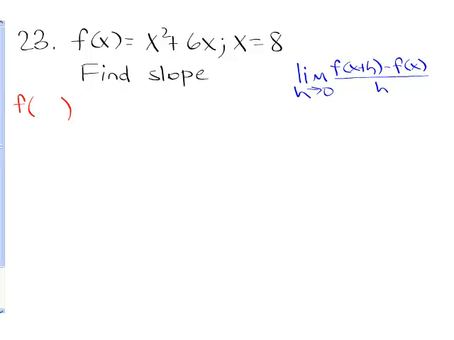So, negative 8 plus h. So we need to know what that is. So that's going to be negative 8 plus h squared plus 6 times negative 8 plus h.